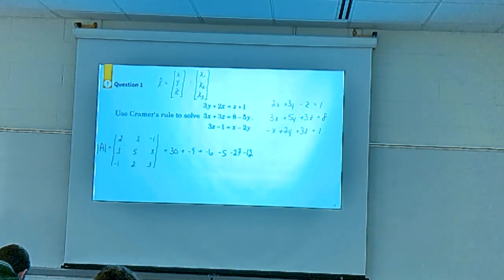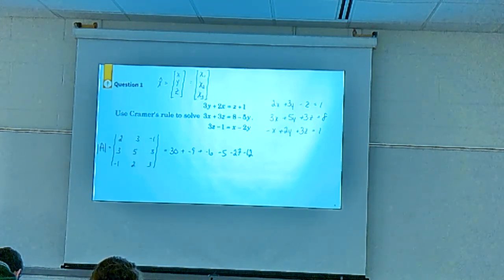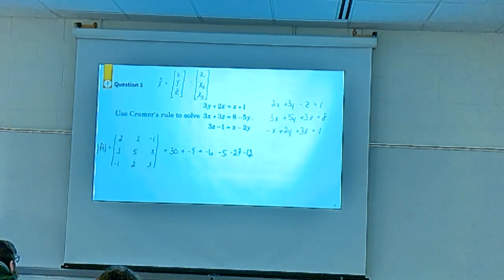Oh, good. Everything's negative except for that 30. That's nice. 9 and 6 is 15. 15 and 5 is 20. 20 and 12 is 32. And 27 is 59. So what's 30 minus 59? No, that can't be right. What did I do wrong? 9 and 6 is 15. 15 and 5 is 20. 10 minus 27. Yeah, it's 29. Same. 59.